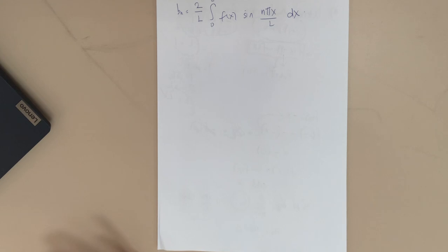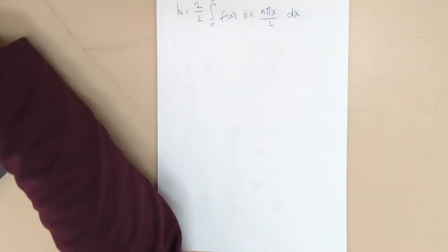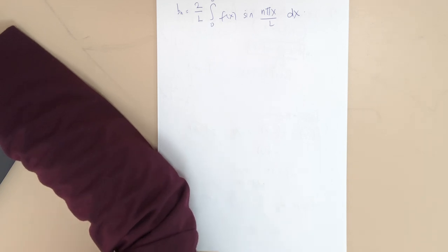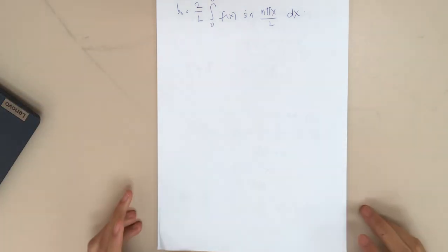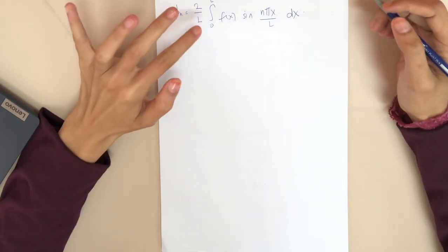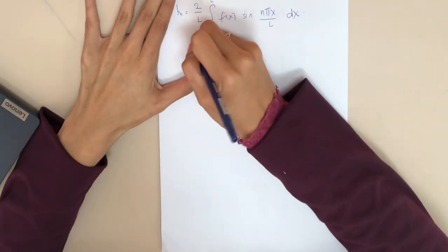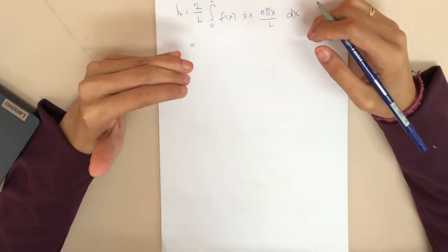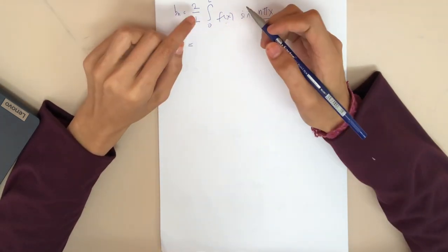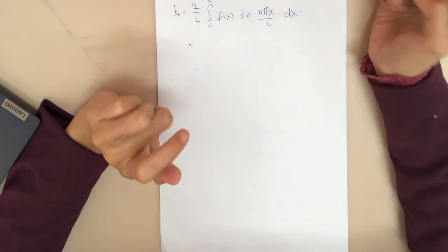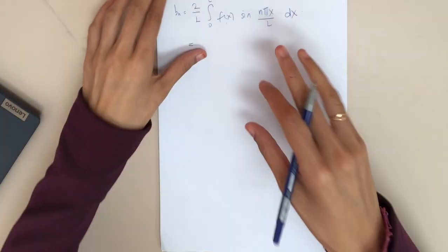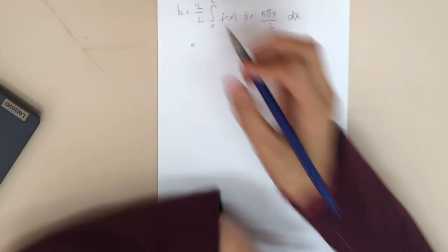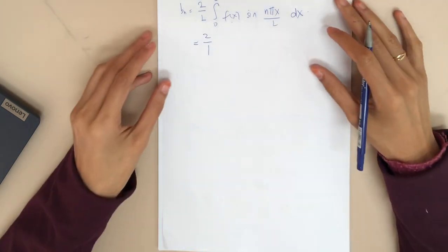Now we substitute your function f(x) and L. What is your L just now? Your L here is 1. So 2 over 1.